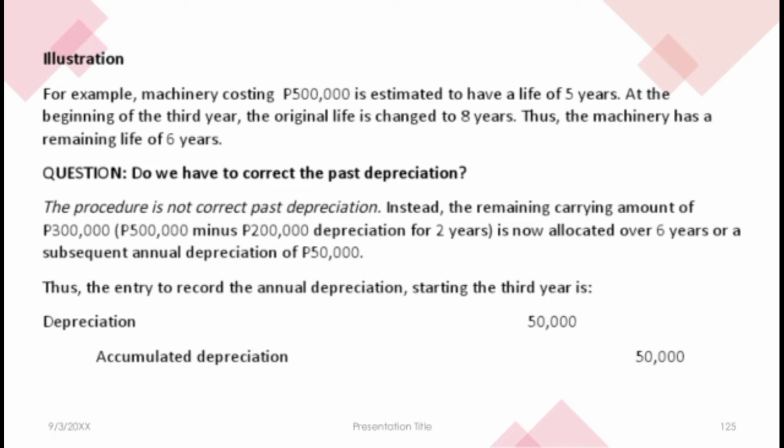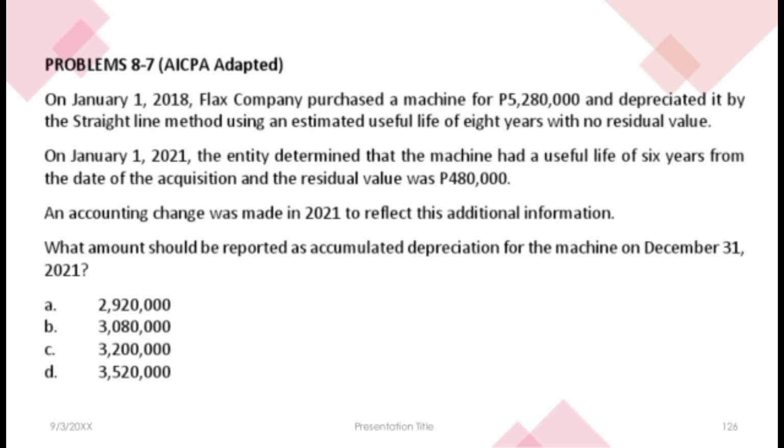To record the entry for annual depreciation starting third year, debit depreciation expense 50,000, credit accumulated depreciation 50,000. So, moving forward, the fixed amount na 50,000 ang magiging depreciation expense mo using straight line method.